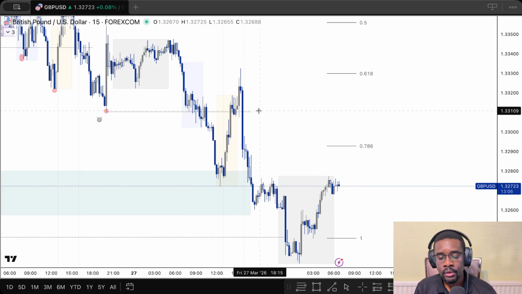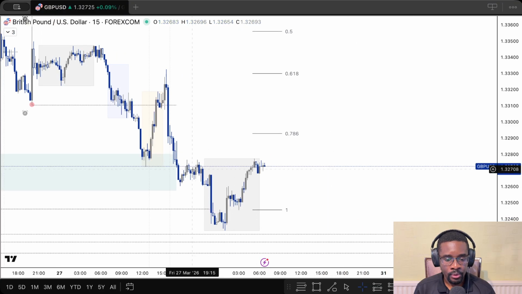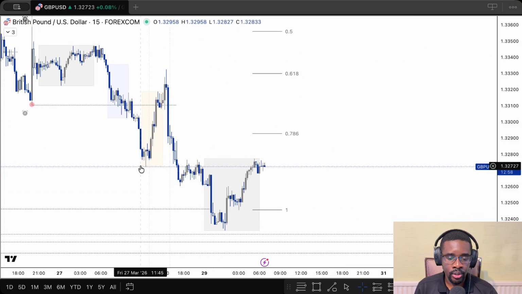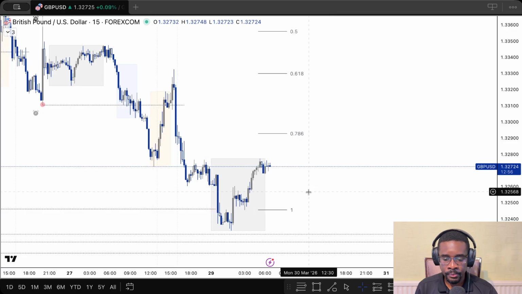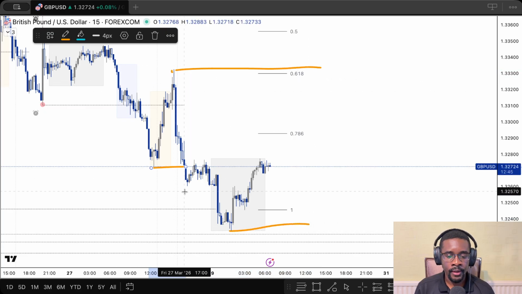Okay, all right, so looking at today, this has done its job and has been eliminated. So this is the range that we're in right now. This is the high, this is the low. We had a break right there.